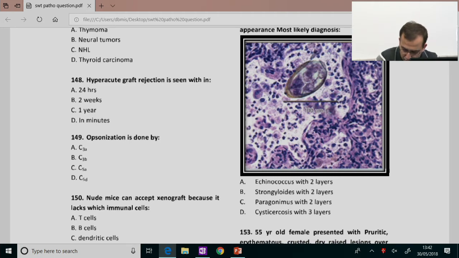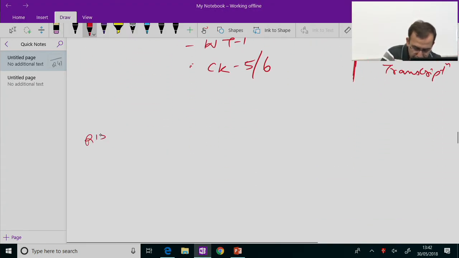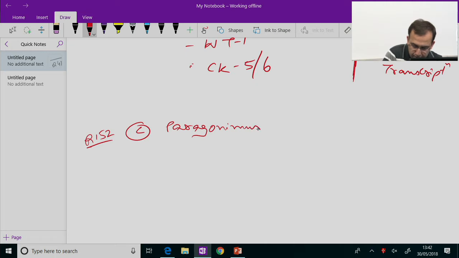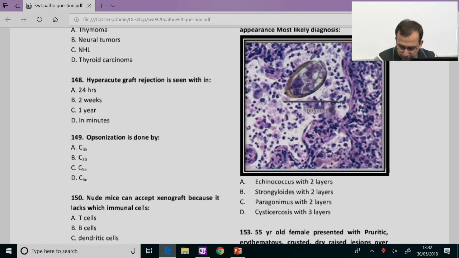So let us just write this question 152. The answer is C, that is paragonimus egg with 2 layers. Next, this gets us to question 153.